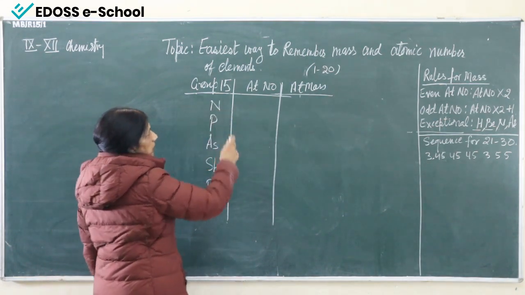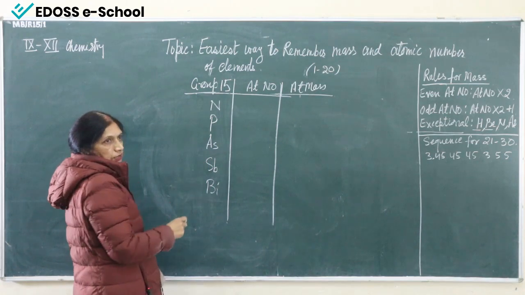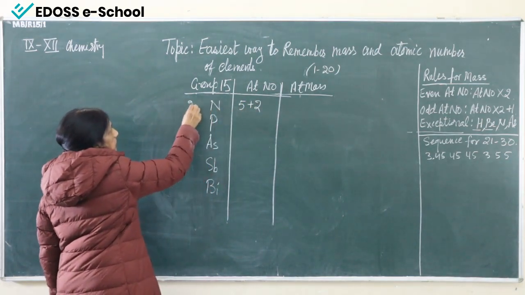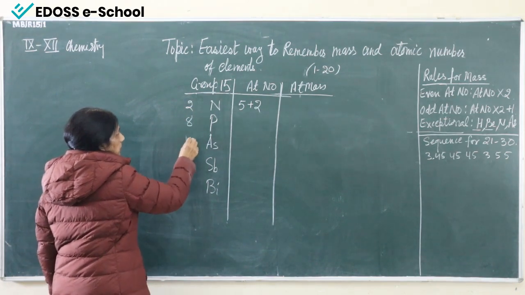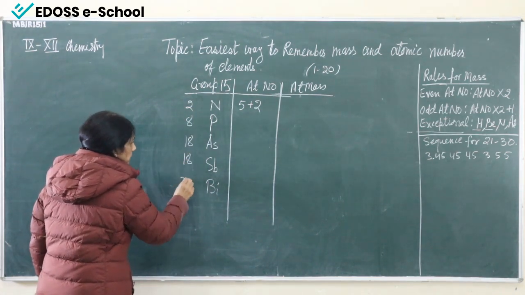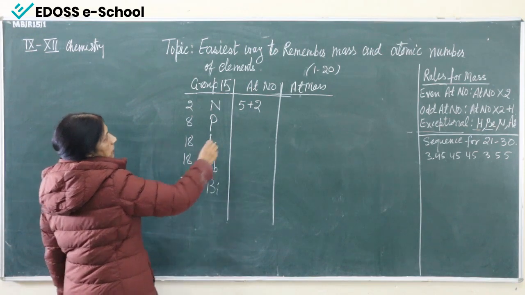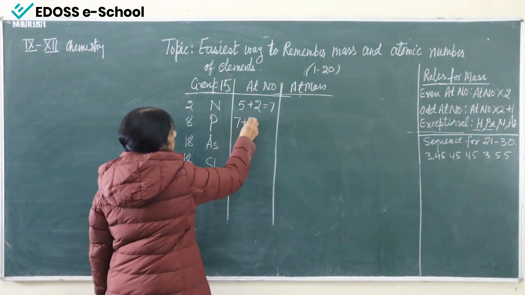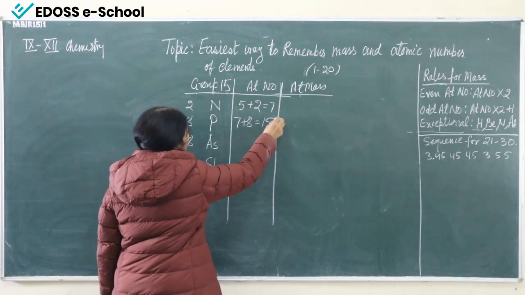So atomic number, this is a group 15 element. So 5, we have to add 2. So this 2, here 8, 18, 18 and 32. So this is 7. This will be 7 plus 8, 15.